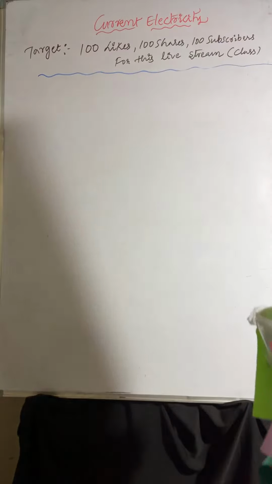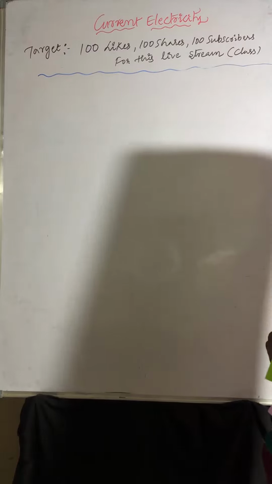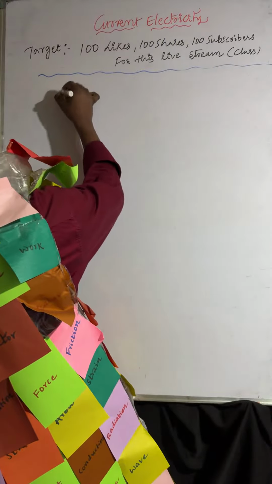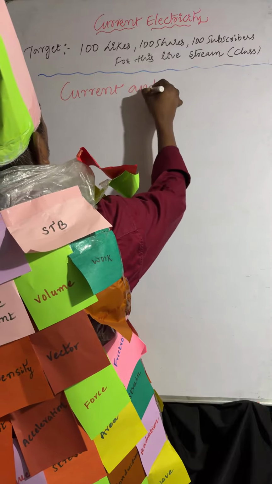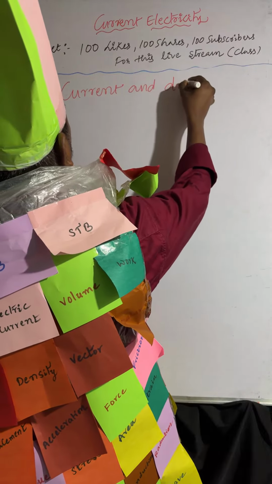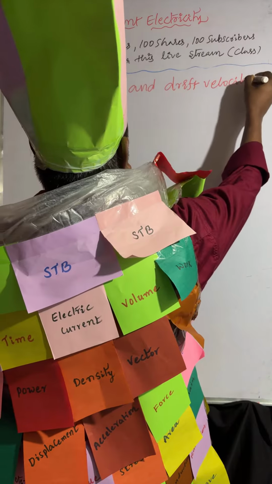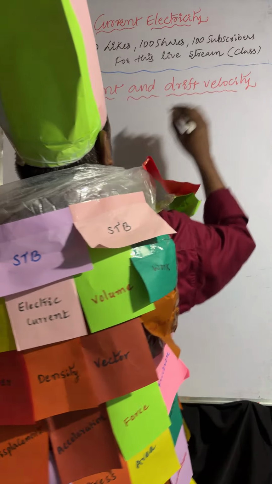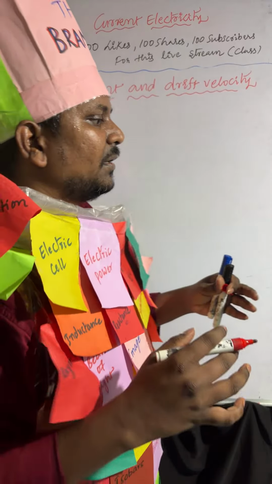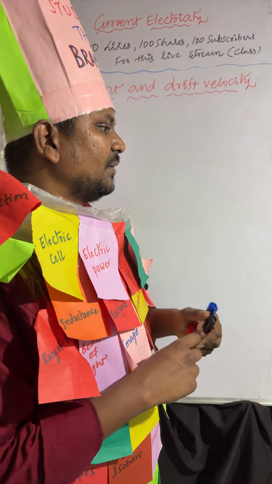Shall we discuss current and drift velocity? So here you can see in the conductor electrons are moving.